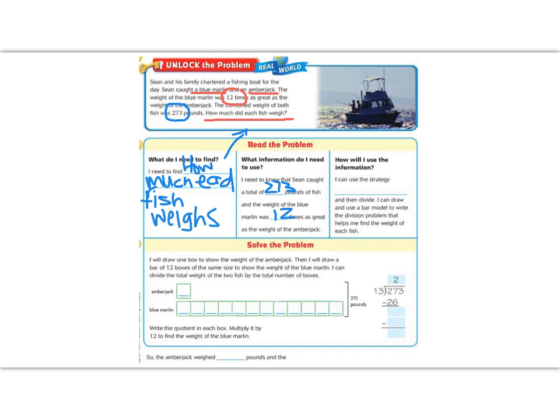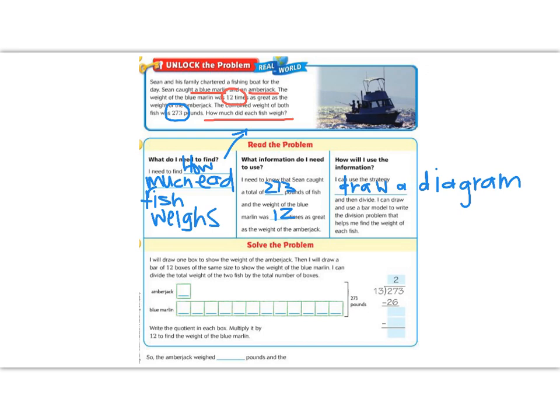How are we going to use this information? Well, if you remember our objective, we are going to draw a diagram.